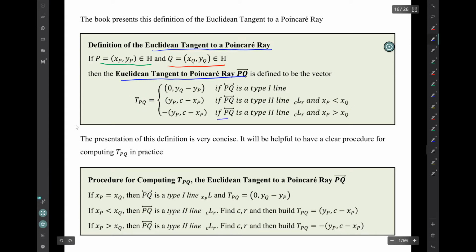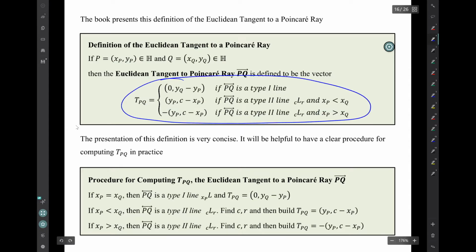And finally, if line PQ is a type 2 line and xp is greater than xq, then this symbol denotes this expression. Now, the book's presentation of this definition is very concise. It's a standard style of presenting a function that's got different formulas in different cases.